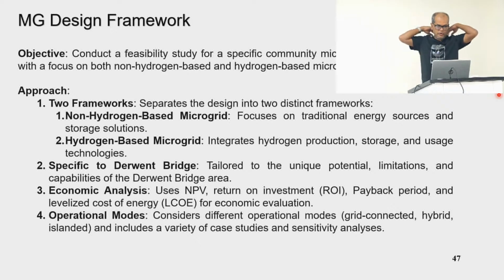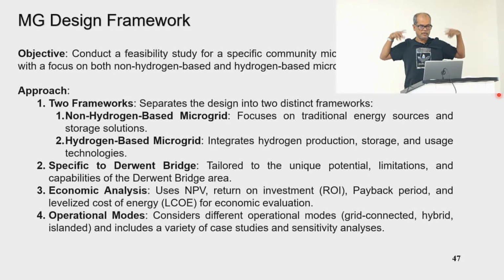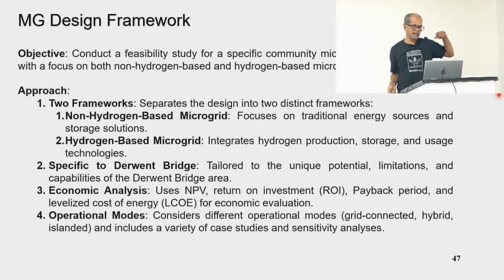Here, when we design, we consider two approaches separately, and in the afternoon when we do the tutorial, we're going to show that in MATLAB. Although we use both MATLAB and Python, as this course mainly uses MATLAB, we're going to show MATLAB. We considered two different designs just to compare the cost, to see how including hydrogen affects the overall cost of the microgrid.